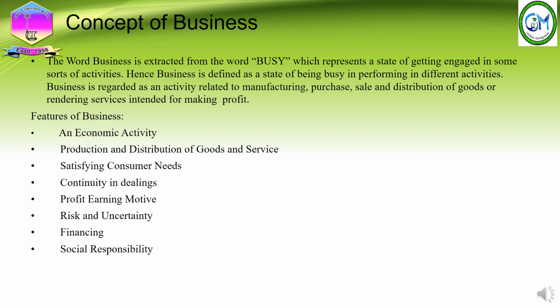And after manufacturing, we have to send the finished goods to storage and get ready for purchase. Then we send the finished goods to the market, ready for selling. That is the sales and distribution of goods. Not only the manufacturing of goods, even services also come under business.